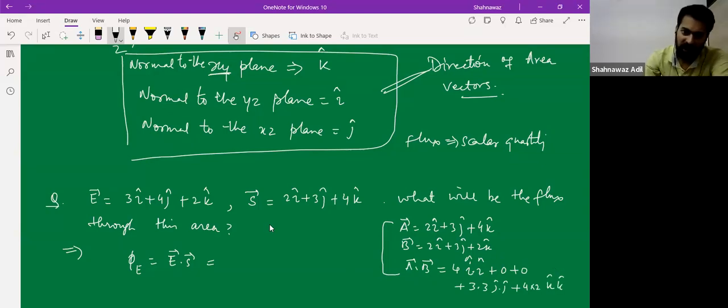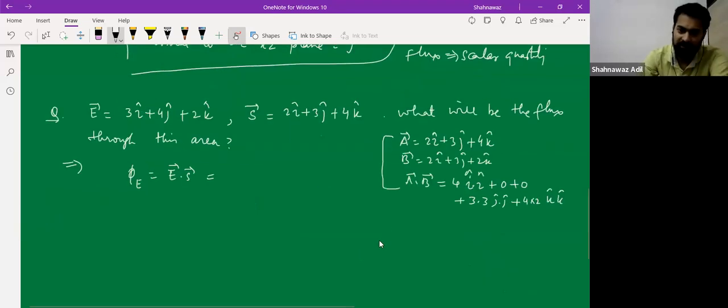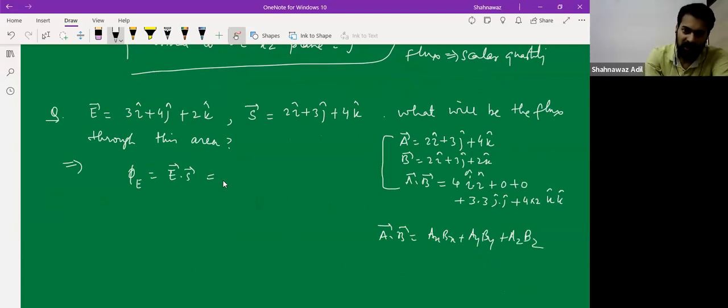So as you have already learned, the dot product of two vectors is simply ax bx plus ay by plus az bz. So this is 3i plus 4j plus 2k, right?